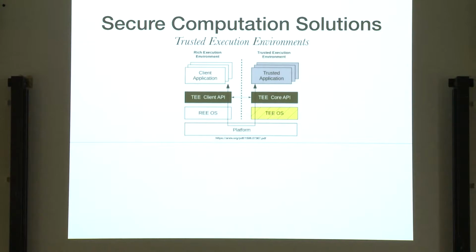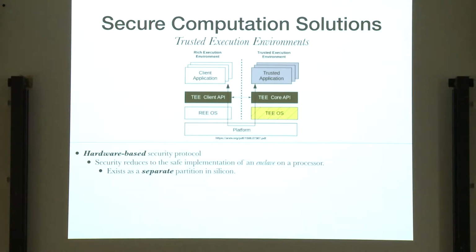So now we're going to get into trusted execution environments and what they are. So as you can see in our diagram here, I'll go over that just in a second, but it's a hardware-based security protocol. So what that means is security reduces to the safe implementation of an enclave on a processor. That's specific towards this solution here.